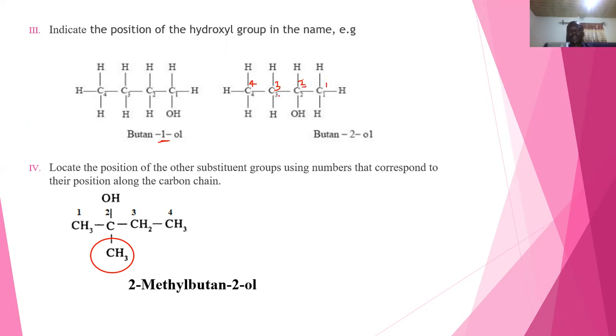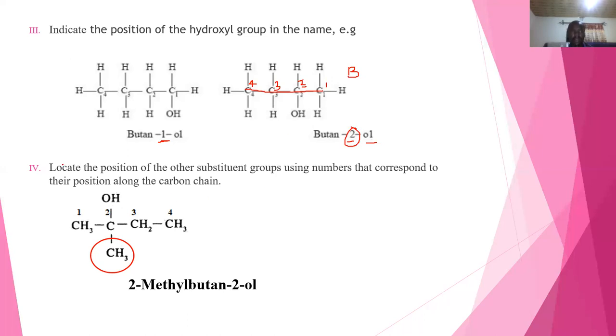So now when we are naming, we first identify the parent name, which is butan, because of 4 carbon atoms. So butan-2-ol, where the 2 is the position of the carbon to which the hydroxyl group is attached.